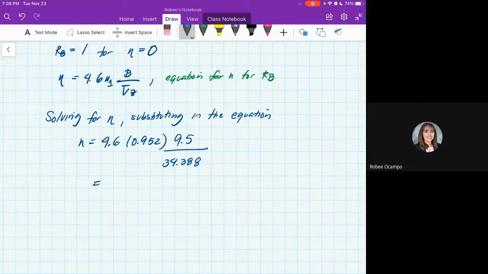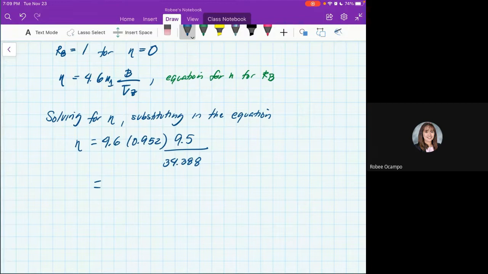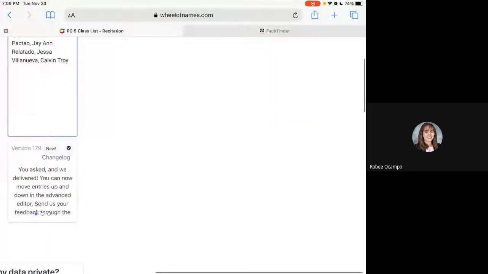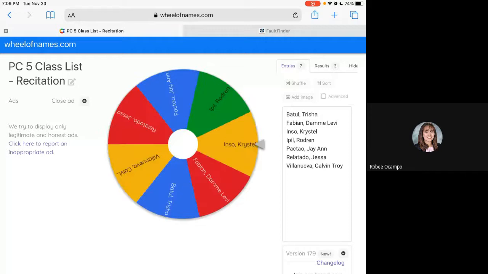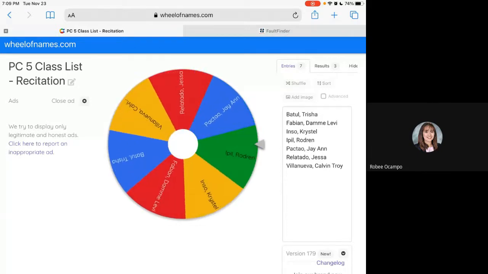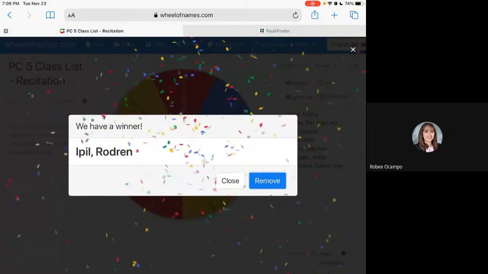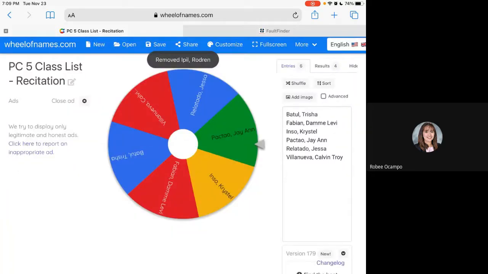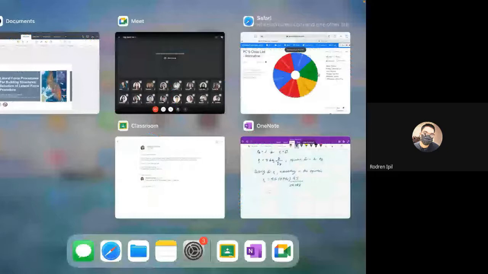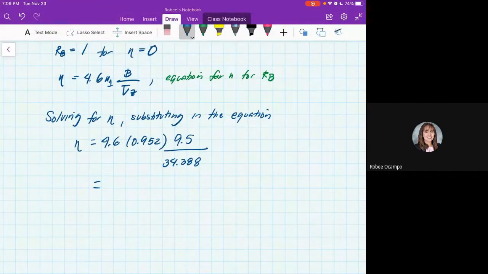Okay, so ilan ang value for our nu? 1.21 po, ma'am. 1.21.